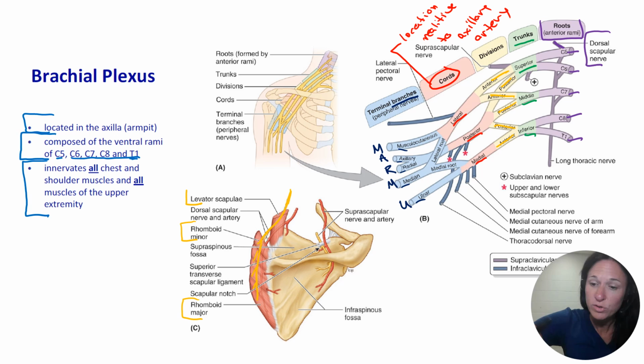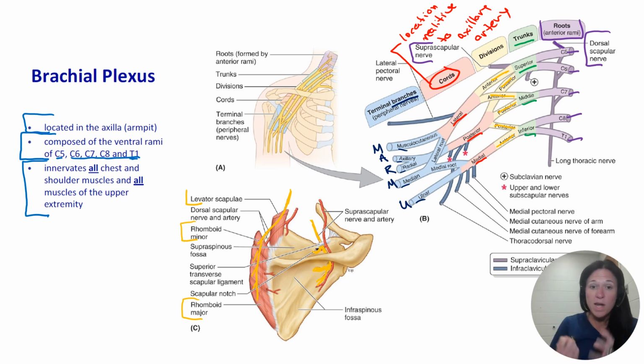Then we can also see our suprascapular nerve, which we've already looked at, and let's review. We have the suprascapular nerve going under the transverse scapular ligament, providing somatic motor innervation to supraspinatus and infraspinatus.